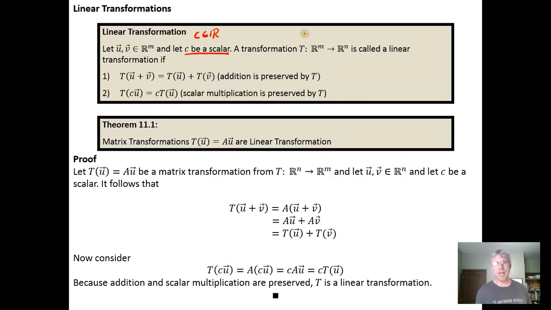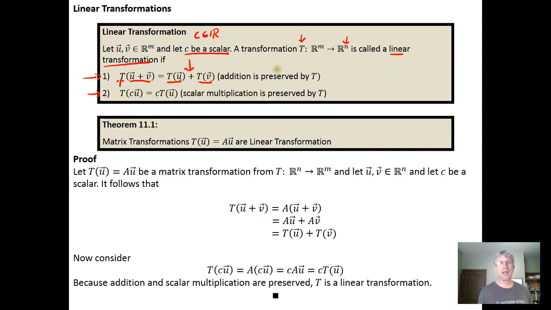So a transformation T that takes elements or vectors from m-dimensional space and sends them to n-dimensional space is a linear transformation if these two criteria hold. So this first one says if we add the vectors first and then transform them, we need to get the same result as if we transform the vectors first and then add them together.